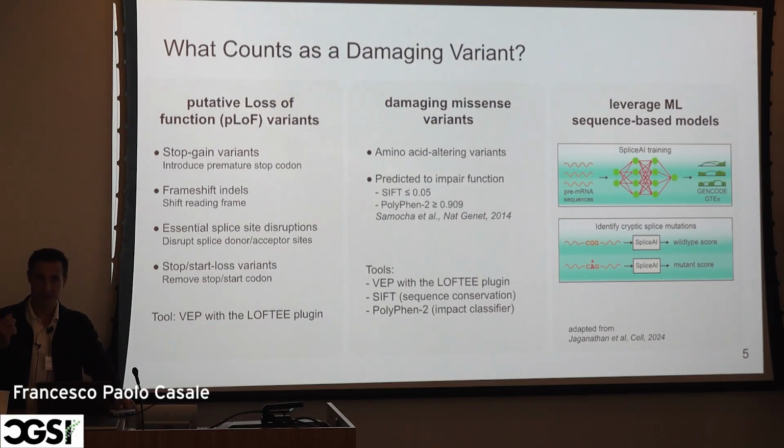Then you can give the same sequence, but with a single nucleotide substitution, and you get a mutant score. By computing the absolute value of the difference between these two, you have a measure of the impact that substitution has on splicing. This is called in silico mutagenesis, and a high delta score identifies damaging variants according to this type of definition.